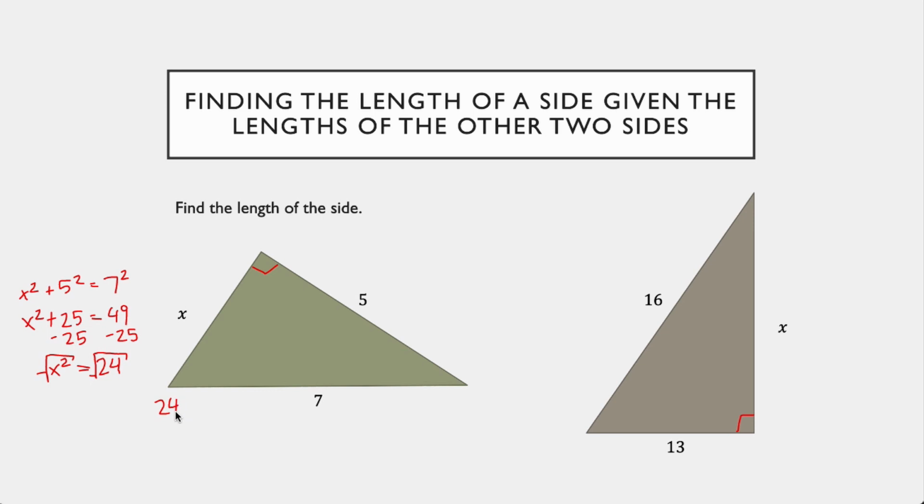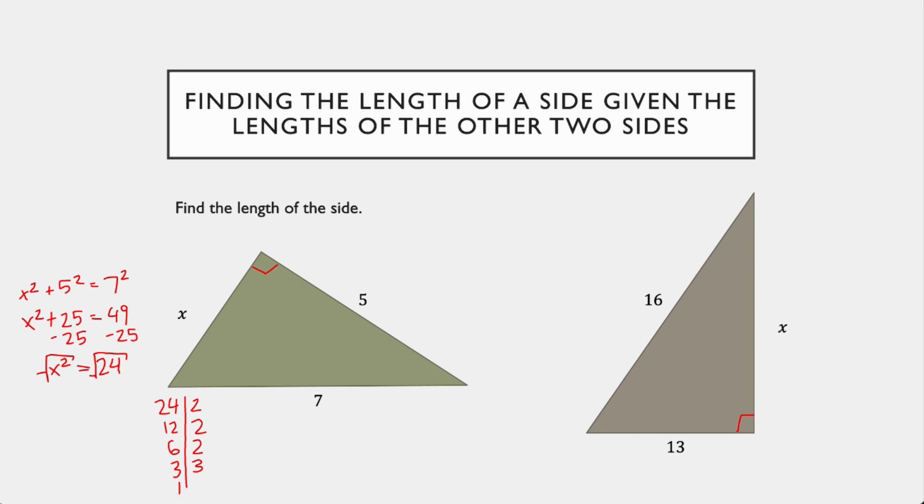So 24 goes in the first area. We can divide this by 2, so we get 12. We can divide this by 2 again, so 6. 2 again, so 3. Sorry about that. 3 is a prime number, so we divide it by 3 and we get 1.